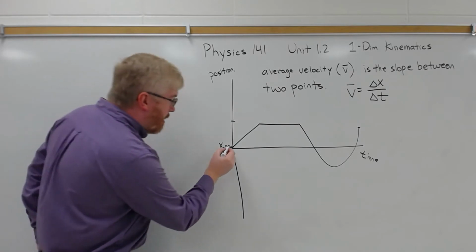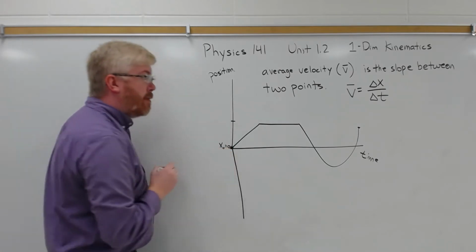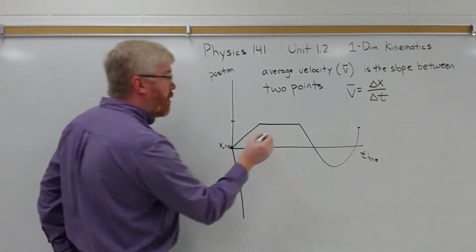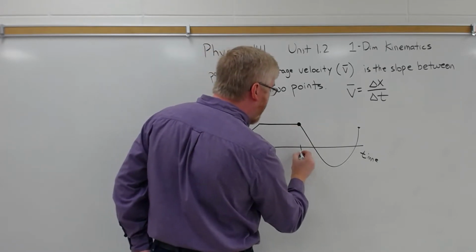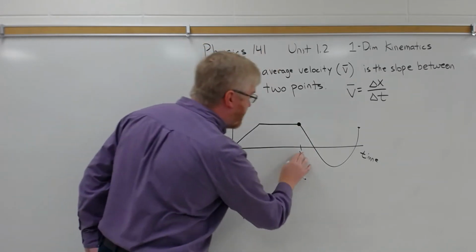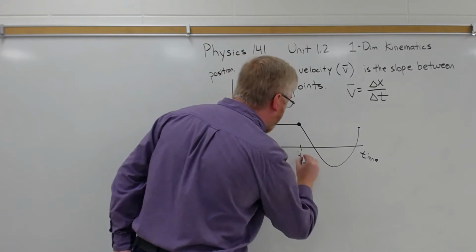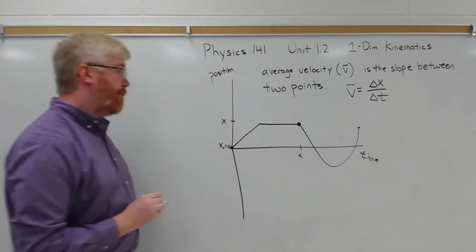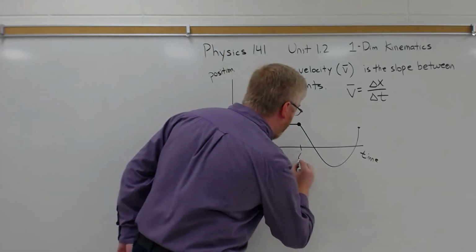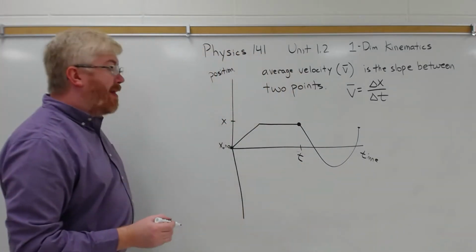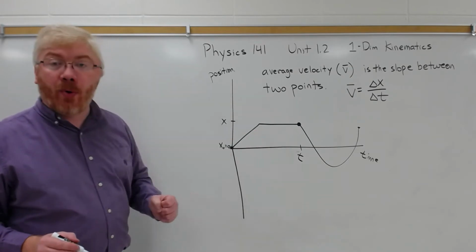So let's say this is my first position, and then I want to know what is the average velocity between that and this position x. Or sorry, time t here, at position x. Well, I need the slope between those 2 points.